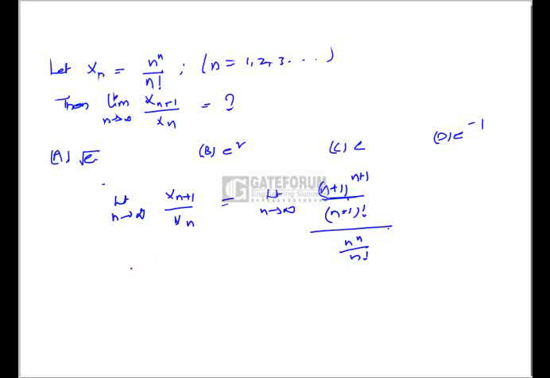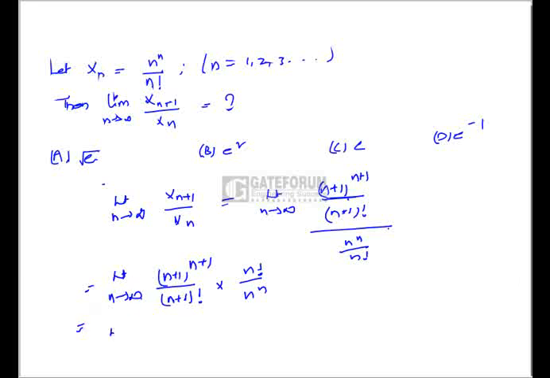So if we simplify this, we will be getting limit n tends to infinity (n plus 1) whole power n plus 1 by (n plus 1) factorial into n factorial by n power n.